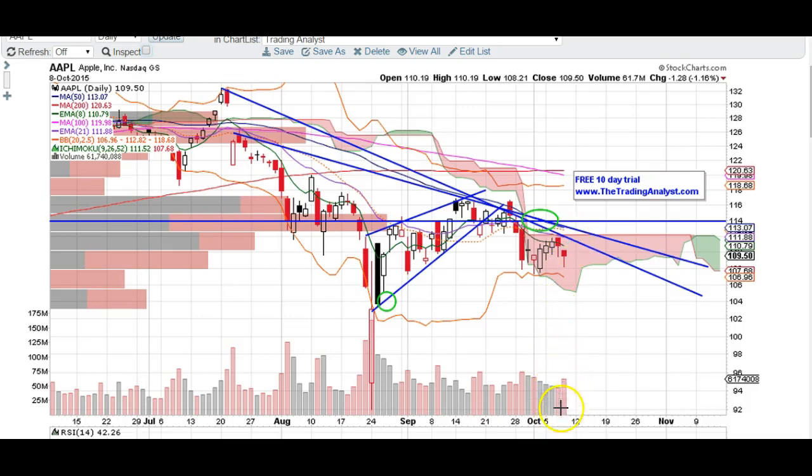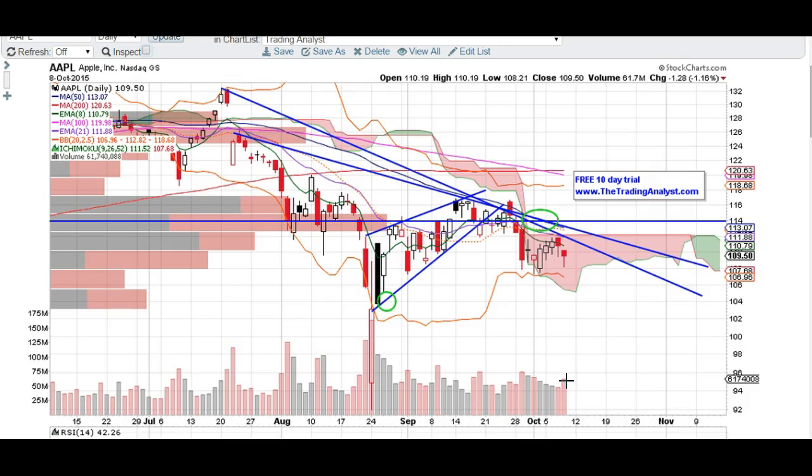If you can see here, we had a little bit of a volume pop. This is a bearish pattern in volume. We've got the drop here on heavy volume, and then on this consolidation, as the stock is rising, we have decreasing volume, okay? And then, as the stock is dropping, we have an increase in volume, okay? So volume is confirming the move downward, and that's exactly what you want to see.